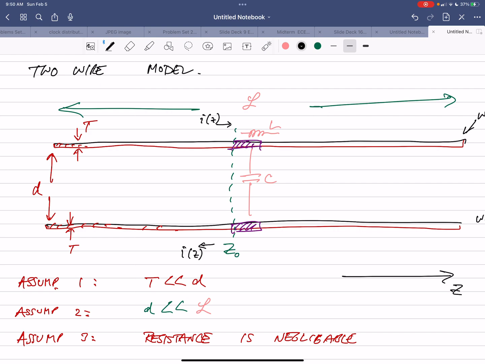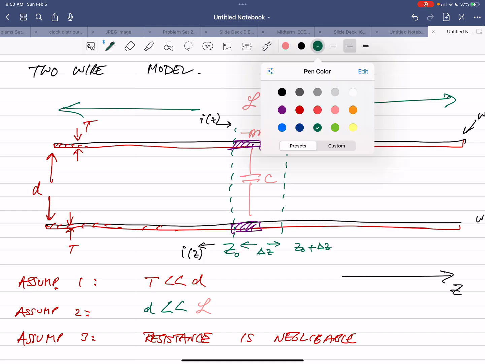I can replicate all these things a small increment of distance, delta Z, away from Z0. So this would be Z0 plus delta Z, and we can repeat exactly the same thing for that new location.